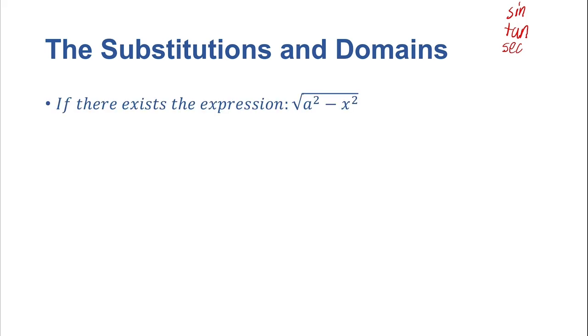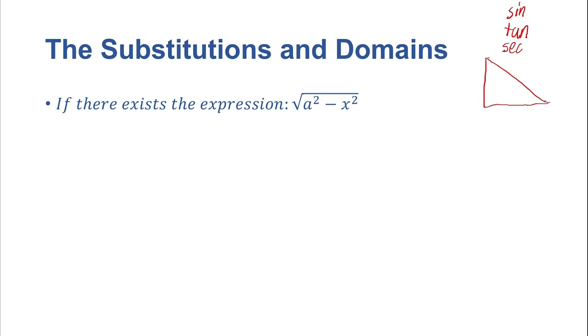So the first case says that there is the expression where we have the square root of a squared minus x squared somewhere in our integrand. So what we do is we take a triangle. This is going to be an okay drawing of a triangle. Okay, there's our triangle.